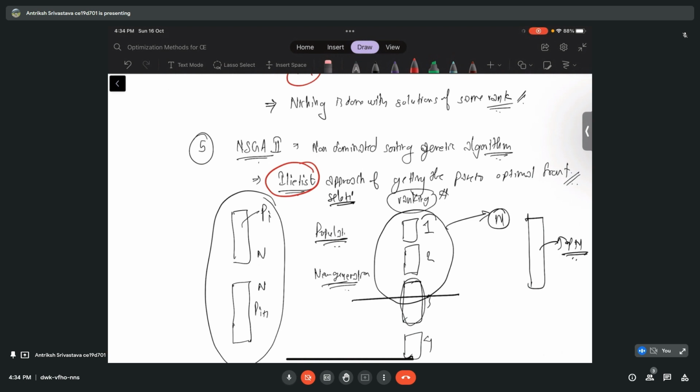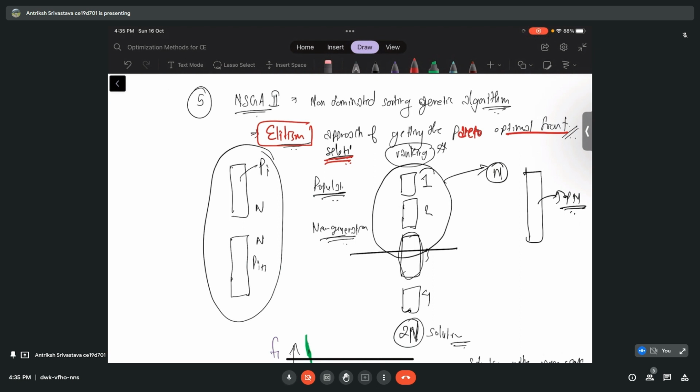I think the spelling of elitism does not start with I, it starts with E. It is an elitism approach to getting the Pareto optimal front, because the initial population also participates in the selection algorithm. Okay. So that's that.